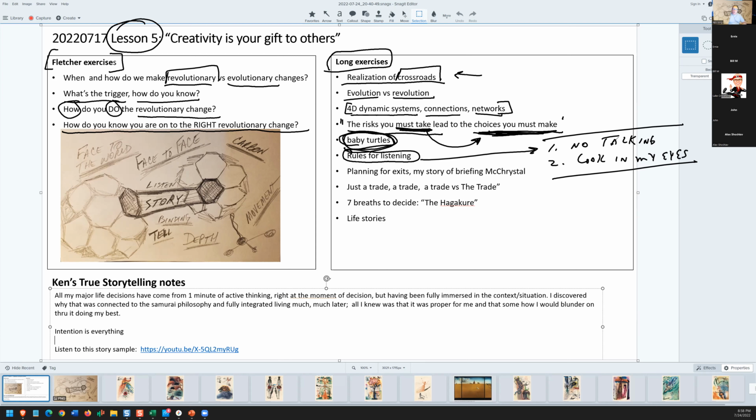And they said, well, if we're listening, then we can't be talking. So that's a rule. And the second thing is we need to be looking in your eyes so that you can see that we're focusing on you, and you can tell from where our eyes are going if we are attending to the listening.